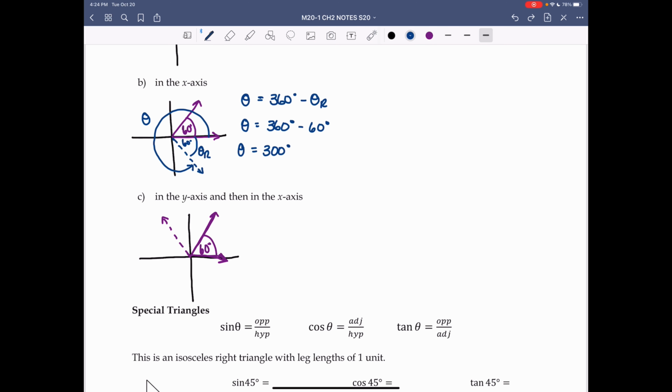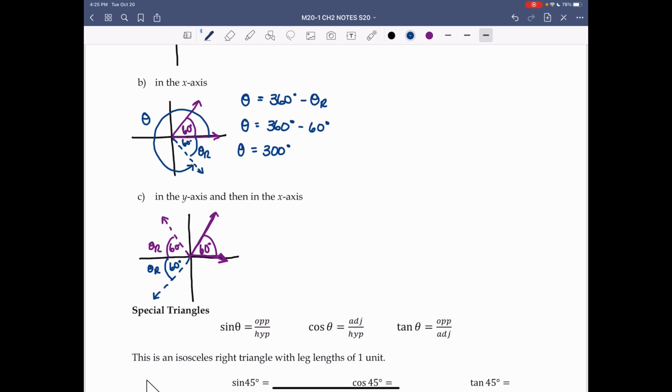And then we reflect that terminal arm across the x-axis. So it's going to end up down here. It'll look something like this. Our reference angles stay the same the whole time. So this reference angle, theta r, is 60. And even when we reflect down, this reference angle still stays 60.